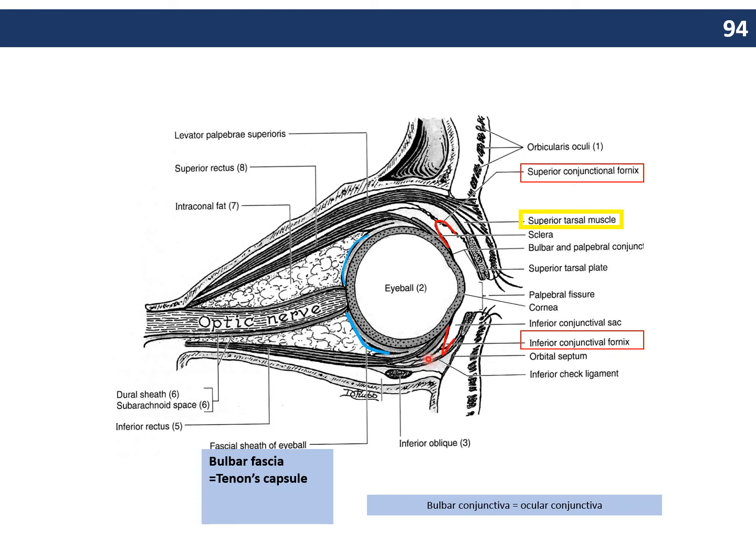And there are also lateral check ligaments that help to anchor the eyeball in the socket. The orbital septum here helps to connect the inferior eyelid, for instance, with the bony orbit. You'll also see the superior rectus here and the inferior rectus shown here.